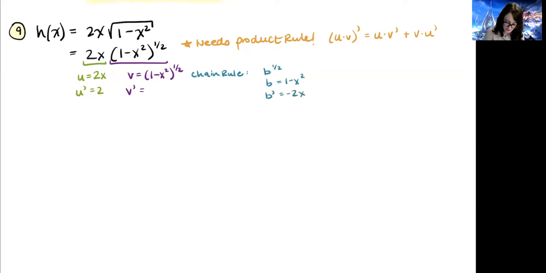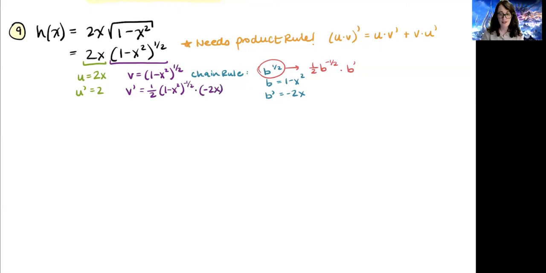So when we differentiate b to the 1/2, that'll give us 1/2 b to the negative 1/2 multiplied by b prime. Okay, so we'll get 1/2 down in the front, b base stays the same, subtract 1 from the power. And this all gets multiplied by b prime, so it'll be multiplied by negative 2x.